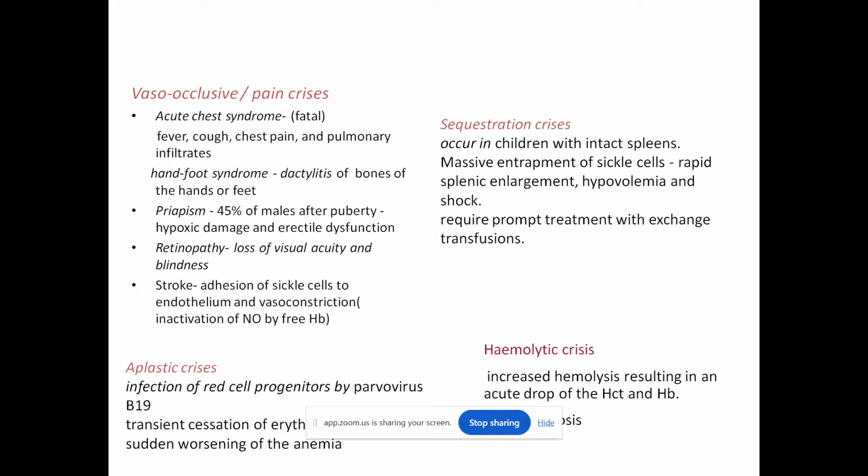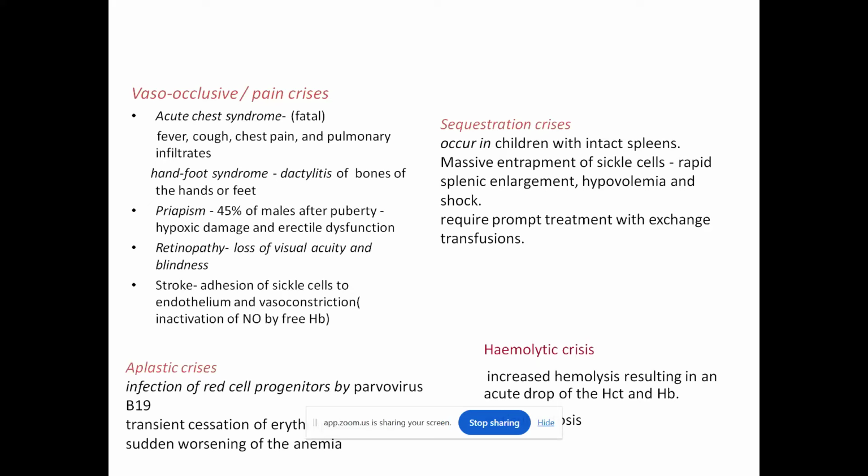So the sickle cells obstruct the microvasculature. They produce the vaso-occlusive crisis, and we have some other crises also. When this vaso-occlusion affects different organs, we have different manifestations.